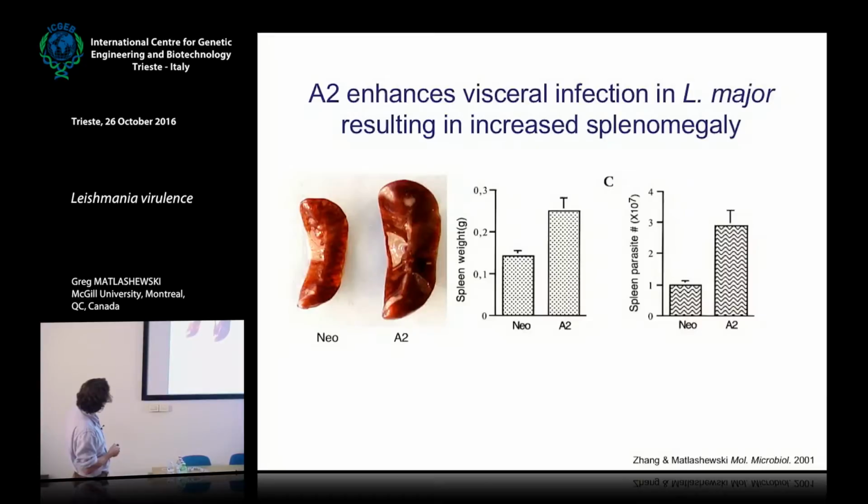What was remarkable, though, is when we looked at the spleen, it really increased the size of the spleen. We could always tell the L. major that had the A2 because it always provided much larger spleens, and we still don't understand this. Maybe Paul could help us with this one, but it really did have this big effect on the spleen. If A2 was there, the spleens were larger as well.